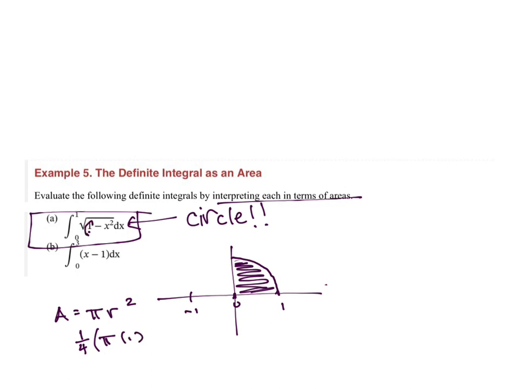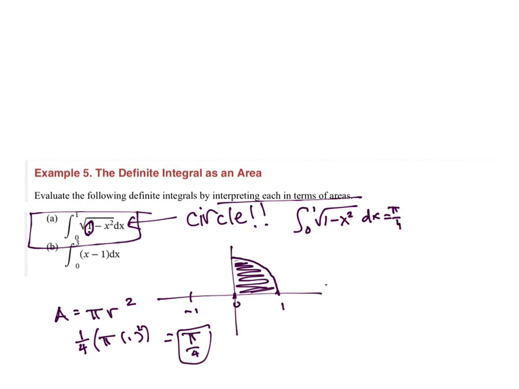Because it's this one right there. 1/4 of pi times 1 squared is going to be pi over 4. That's the answer to this question, the area under the curve. So the integral on the interval from 0 to 1 of the square root of 1 minus x squared dx is pi over 4.